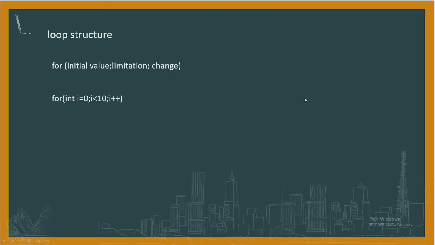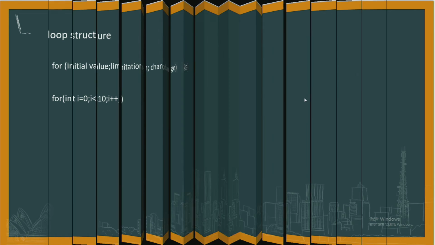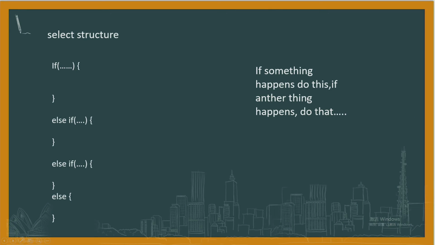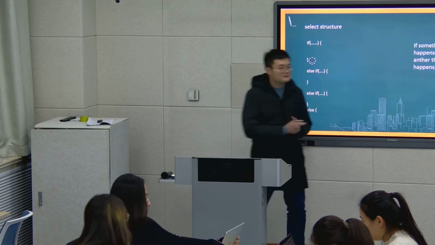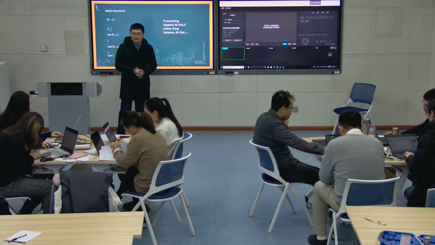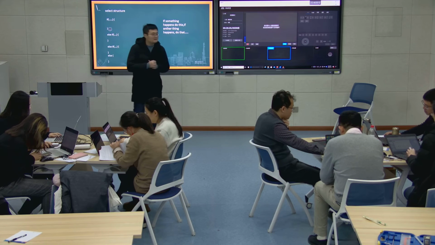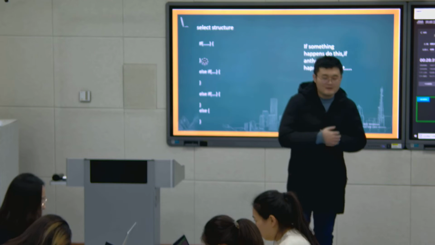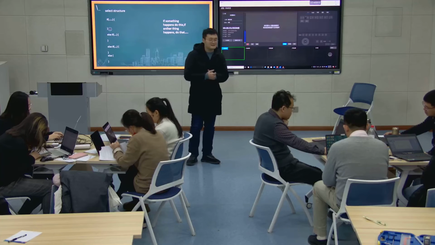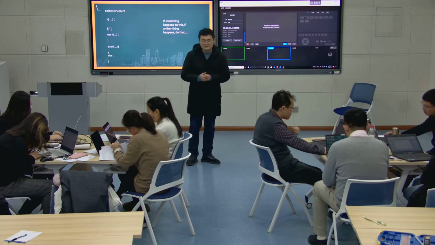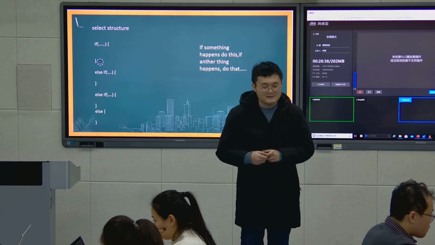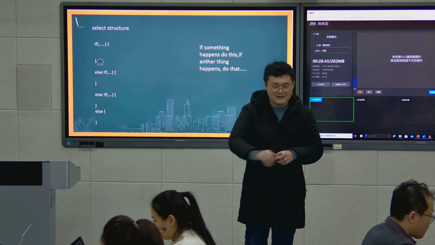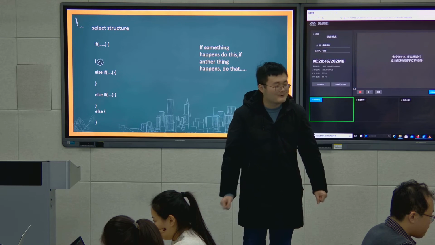So let's start the last one. The last structure, which is the select structure. In your daily life, you must choose something, right? Suppose you go to the supermarket and buy something, and there are two things which have the same function, like bread.